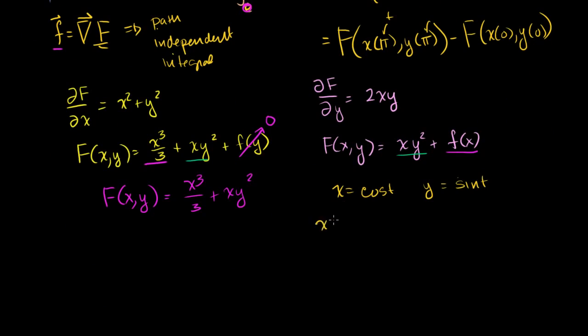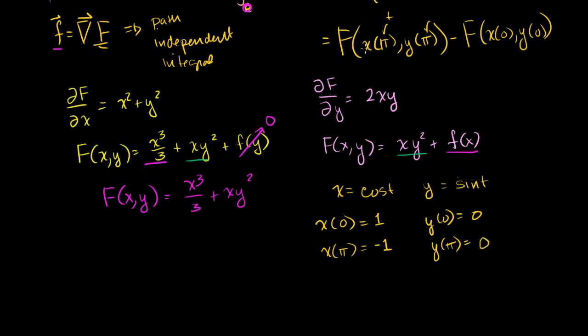So x of 0 is equal to cosine of 0, which is equal to 1. x of pi is equal to cosine of pi, which is equal to minus 1. y of 0 is sine of 0, which is 0. y of pi is equal to sine of pi, which is equal to 0.